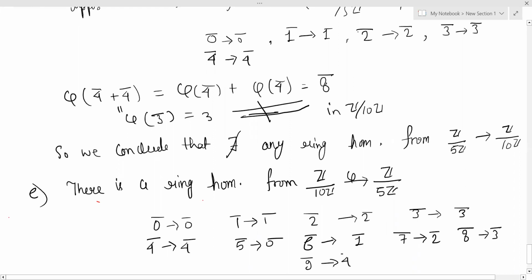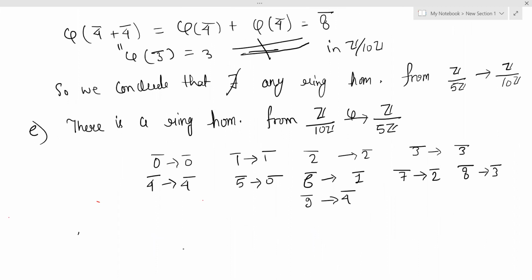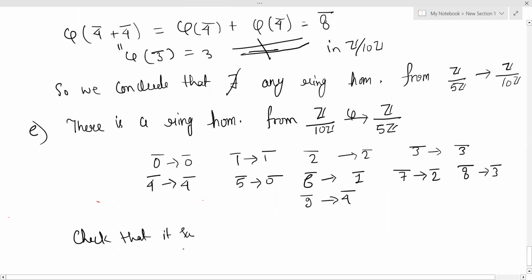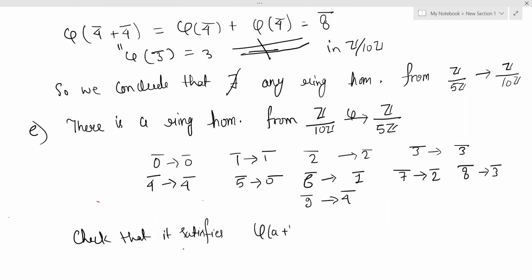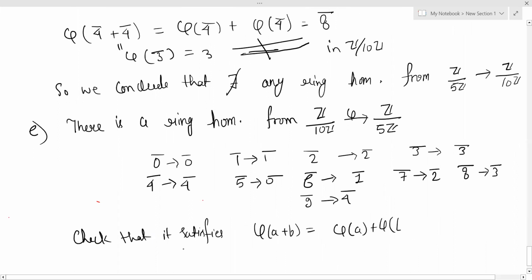And you can check that it satisfies phi of a plus b equals phi a plus phi b, and phi of ab equals phi a dot phi b, for all a, b in Z mod 10Z.